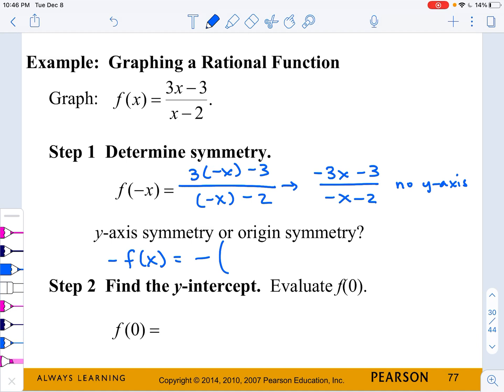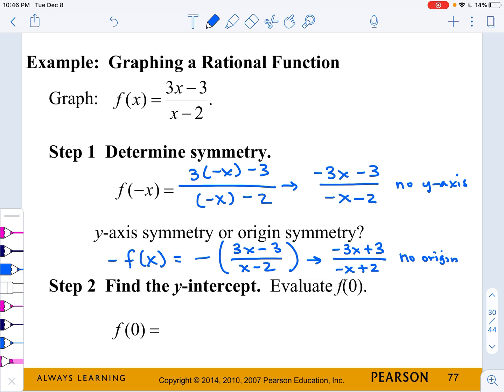That means I'd have the opposite of my original function, 3x minus 3 over x minus 2, and that negative gets distributed out. We have a negative 3x plus 3, and we'd have a negative x plus 2. Is that equal to either of what we already started with? No. So that means we're not going to have origin symmetry. So it doesn't look like we have any of those symmetries.